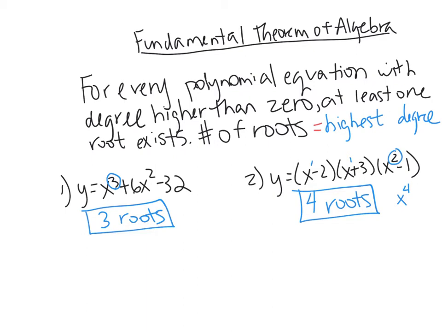Okay, what if we don't have the equation? What if we actually have the graph? Okay, we can also tell from the graph how many roots a polynomial might have by something called the multiplicity.